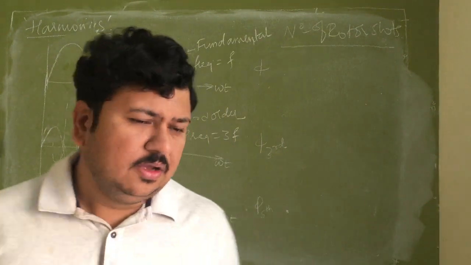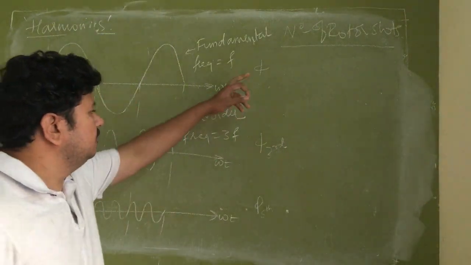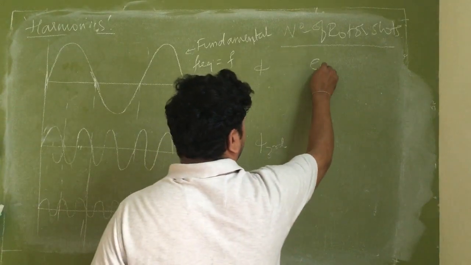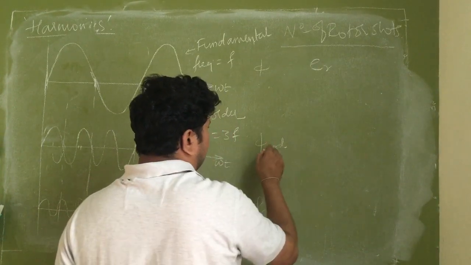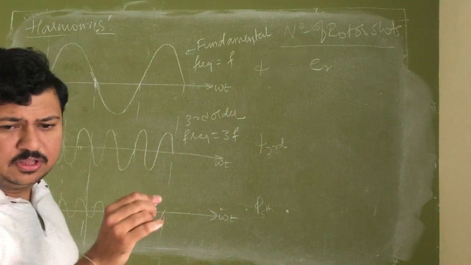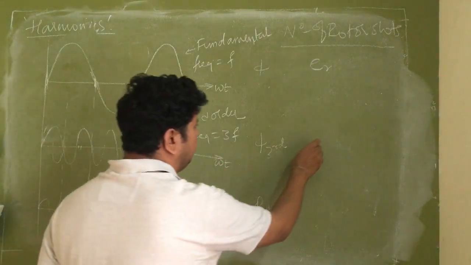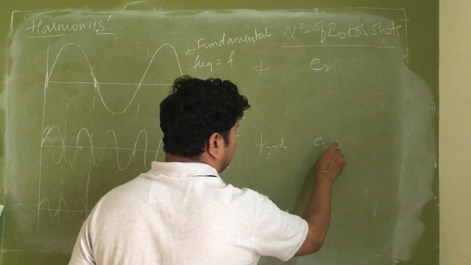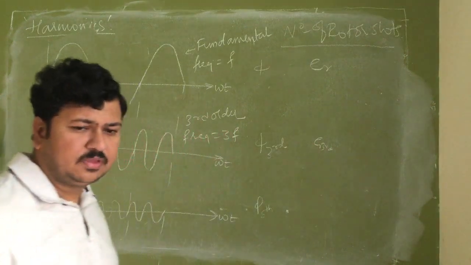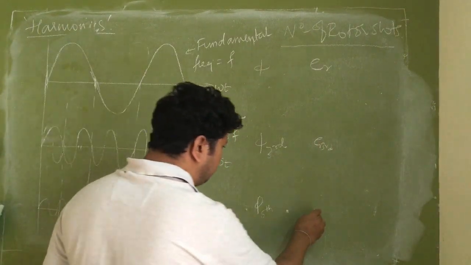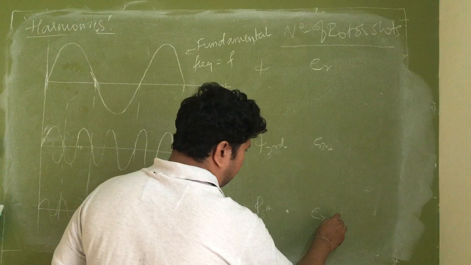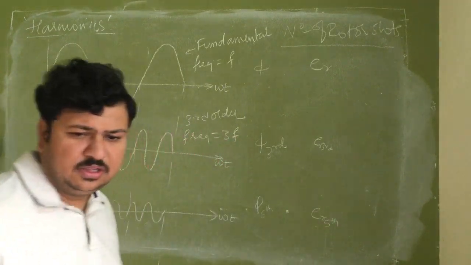Now this fundamental flux phi is inducing an EMF in the rotor, ER. This third harmonic of the flux is inducing an EMF, E third or ER third. This fifth harmonic is inducing an EMF in the rotor, ER fifth.